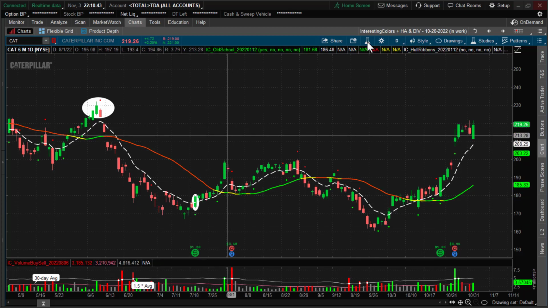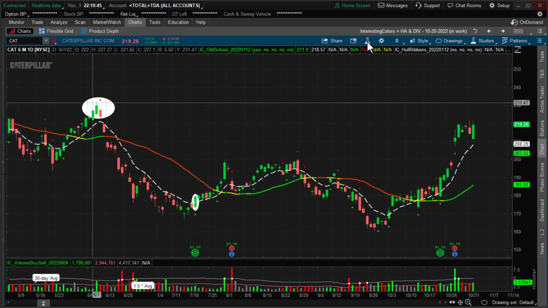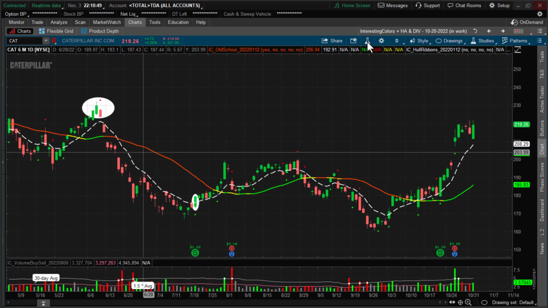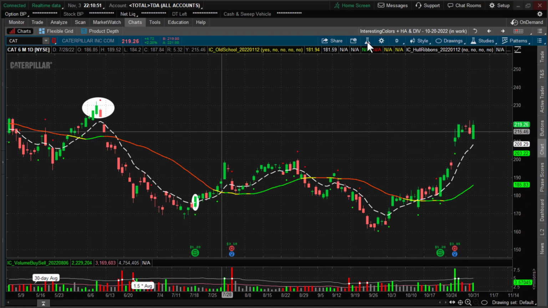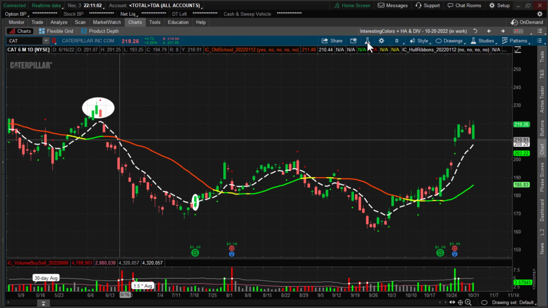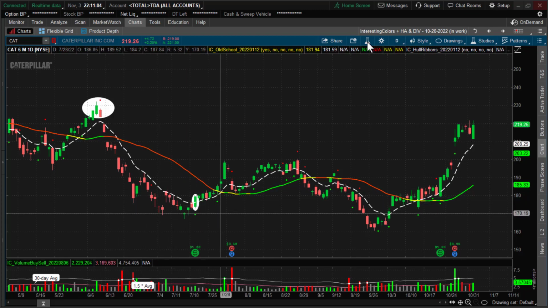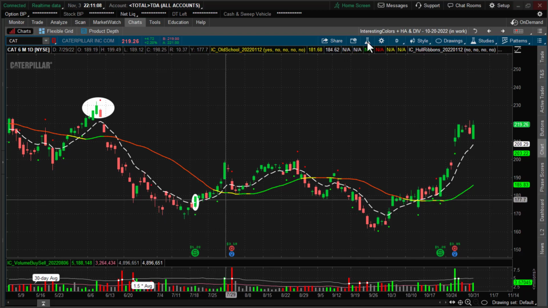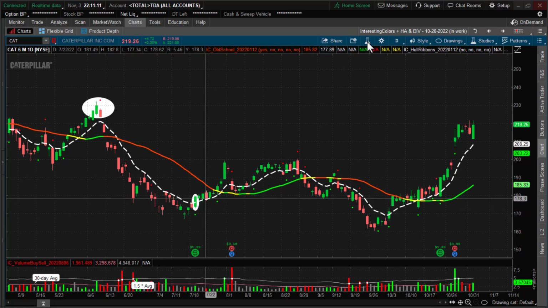The thing that makes these patterns significant is that they're not subject to anybody's interpretation about what's going on. Strictly speaking, it's the potential start of a new trend, or it could represent a continuation of an existing trend.